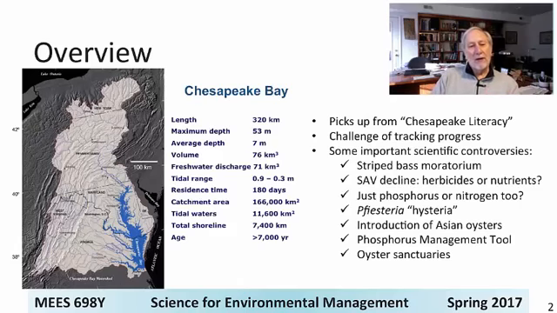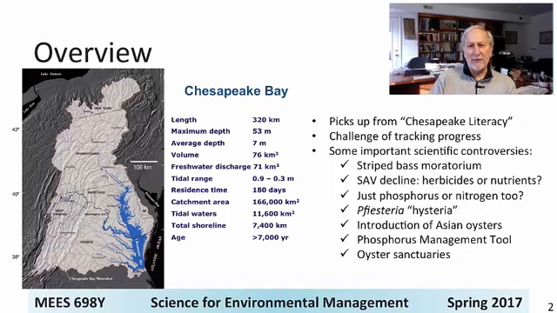So, first of all, I put this overview of the vital statistics of the Chesapeake Bay just to emphasize something that Bill brought up in his lecture, namely that the bay is large, long, and shallow, and therefore it has a fairly small volume compared to the size of its watershed and the amount of fresh water that runs off into it, making it very vulnerable to land-based dynamics and inputs.